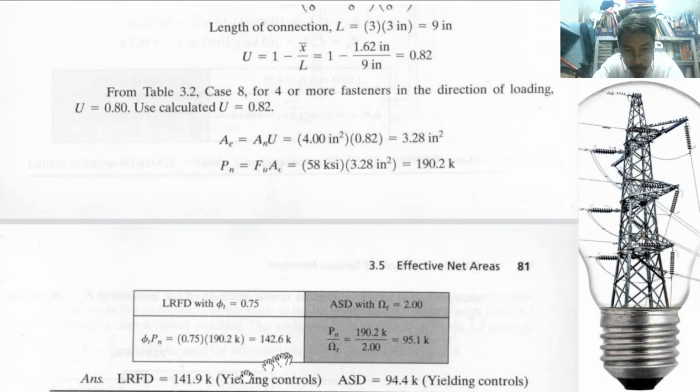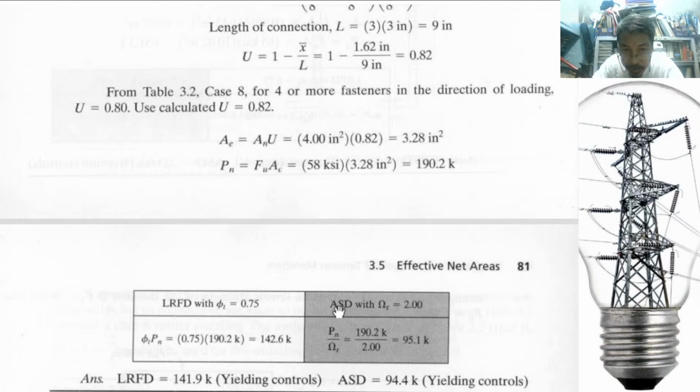If we pick 143, it satisfies rupture, but it does not satisfy yielding, meaning the material cannot resist 143 thousand pounds of load. That is what we mean. That's why we are using the lower one. So that is the reason.